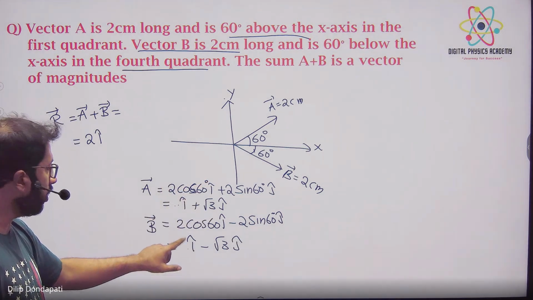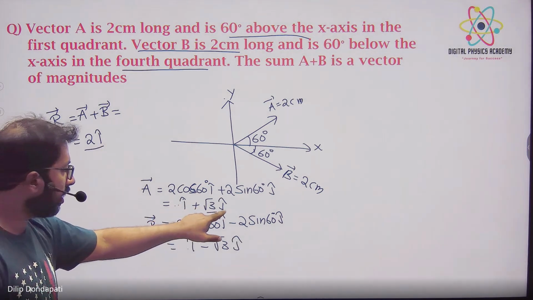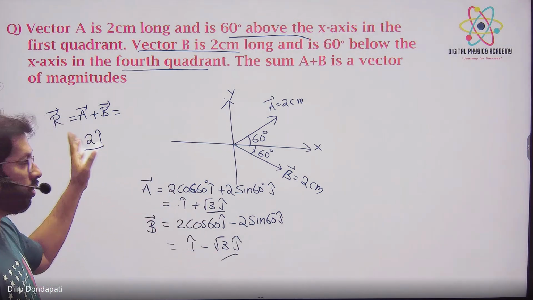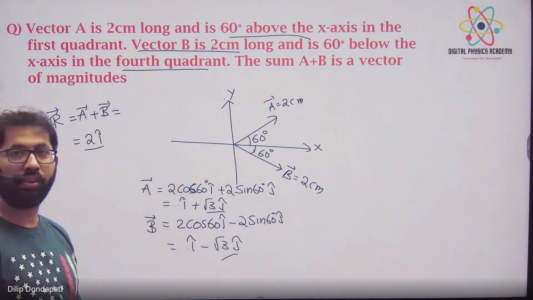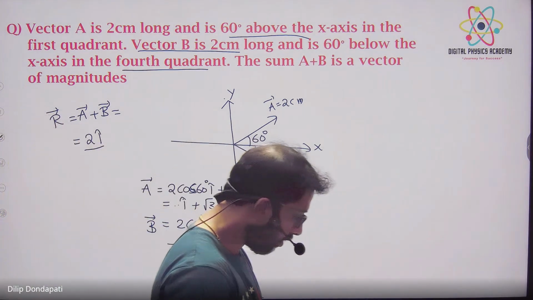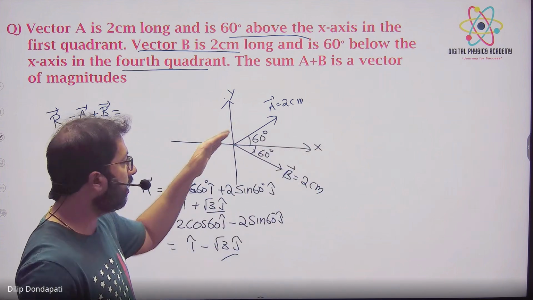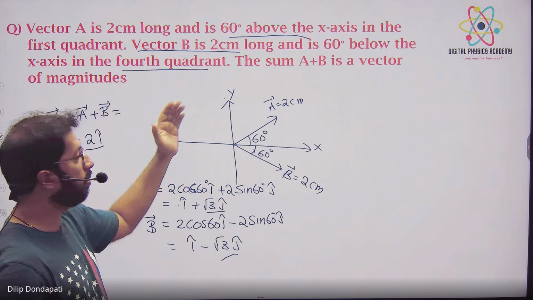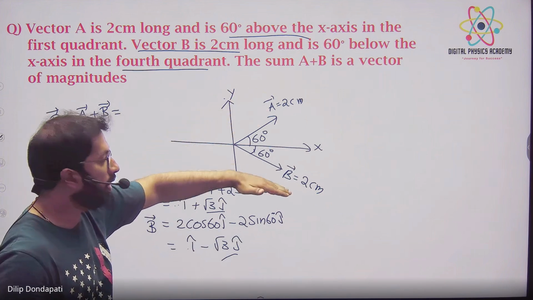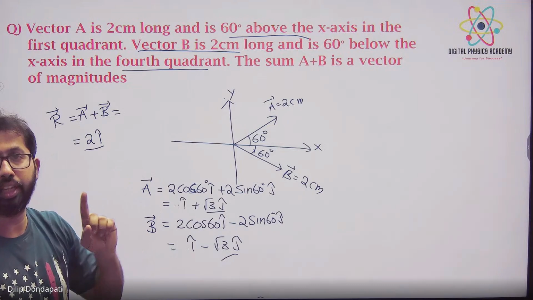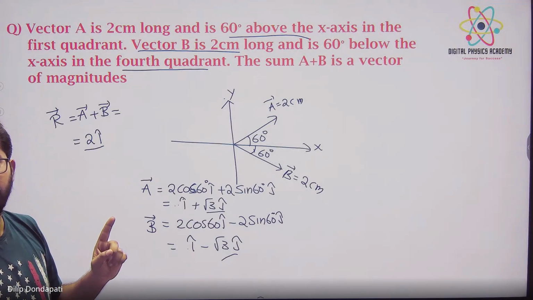I plus I is how much? 2 i. And plus root 3 j minus root 3 j cancel. There's no root 3 j, the answer is 2 i cap. We already split it, simplified it, and then added. So whenever they are given like this, other than the x direction, आपको components निकालना पड़ेगा. And with sign रखो, with sign is important, otherwise wrong हो जाएगा.